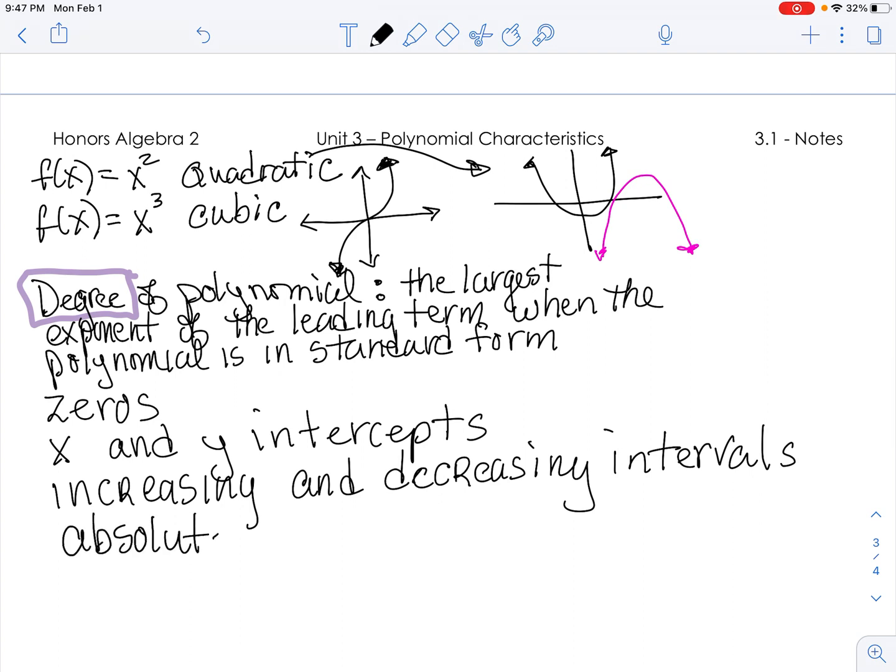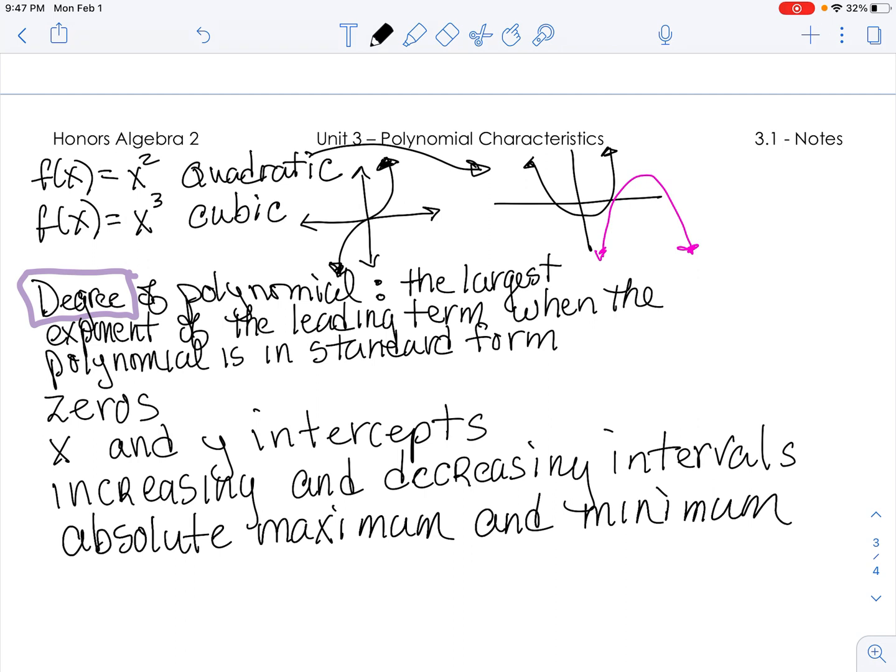The new vocabulary: absolute maximum and minimum. That was new. So that's the very highest or the very lowest point.